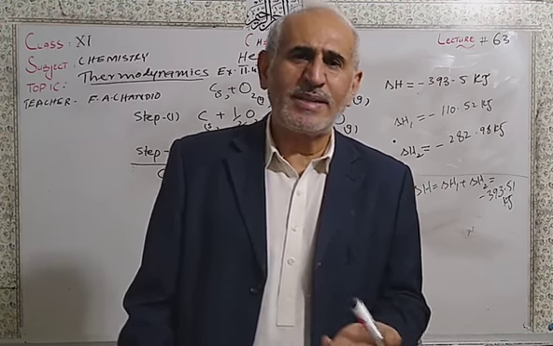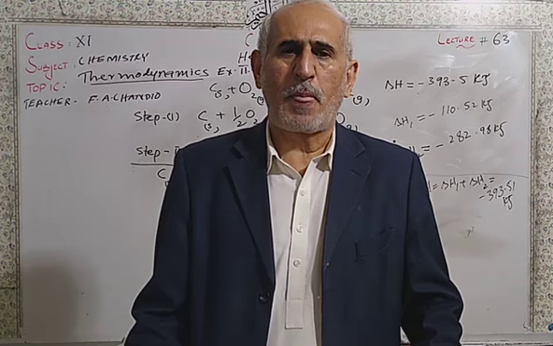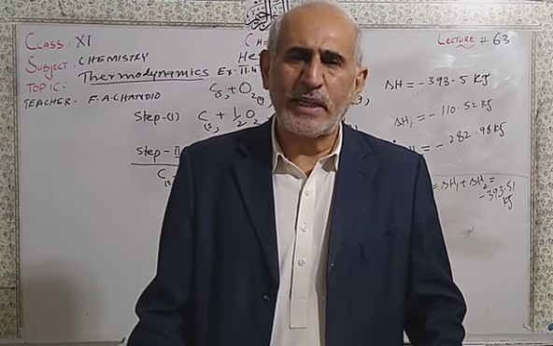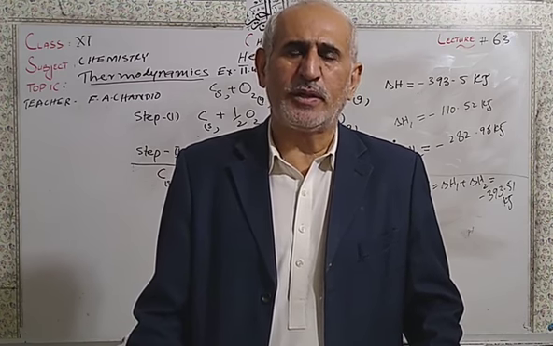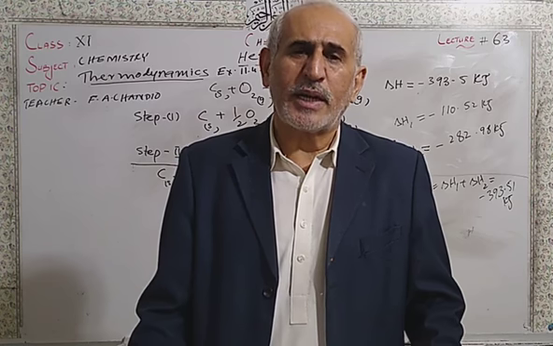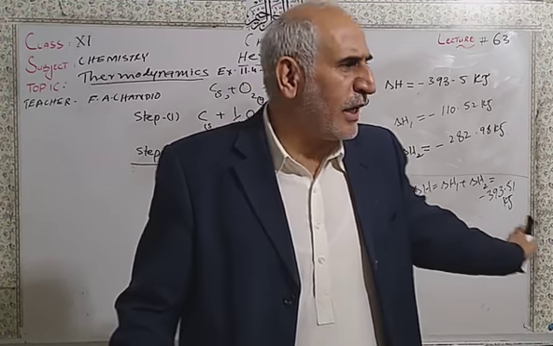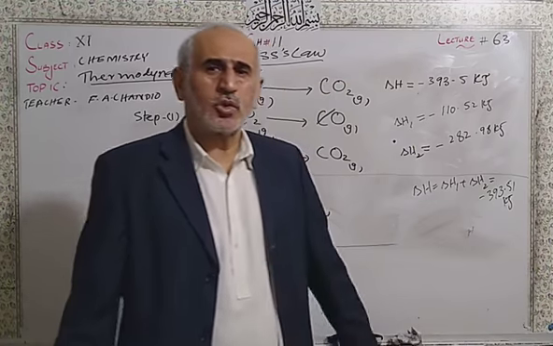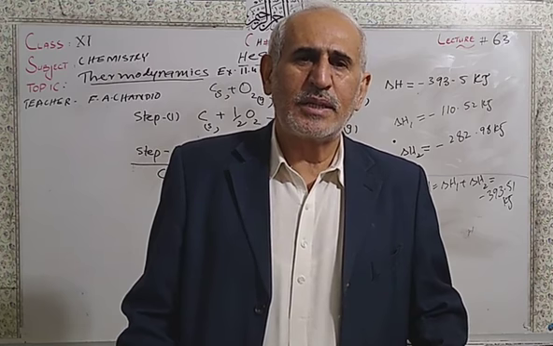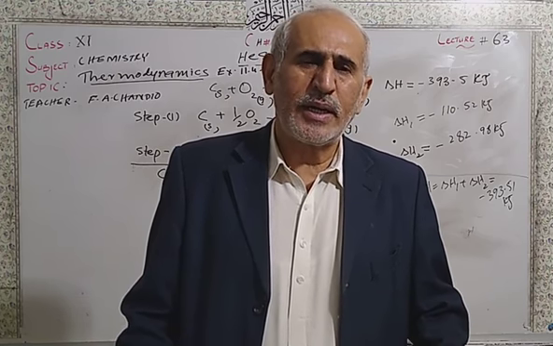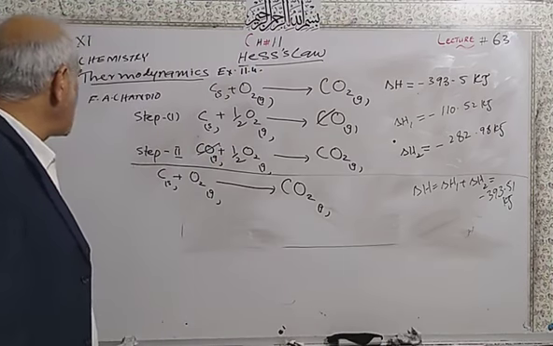If it changes into ice, H2O in solid, it has a different delta H. If water is liquid, it has a different one. Carbon diamond and carbon graphite, both solid, are different. Because we are involving their energies and values in the calculation, it is very important to write their states when you mention reactants and products in the balanced chemical equation. So this is example number 2.